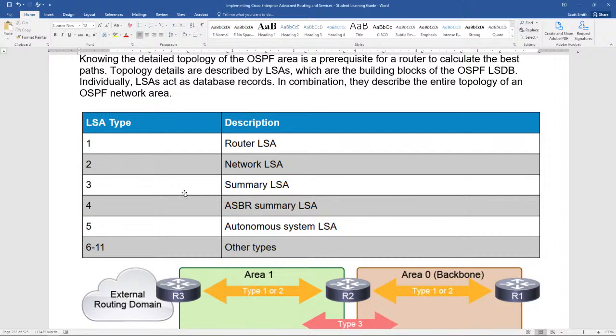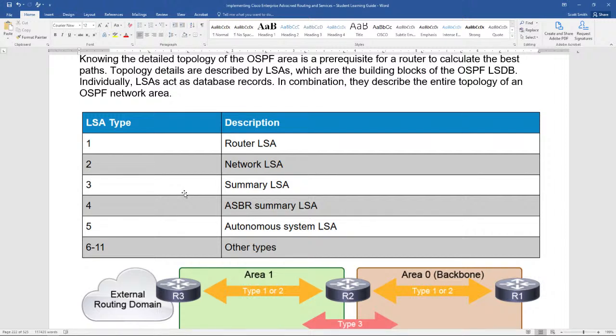So when it comes to exchanging link information with other routers in our topology, we typically do this with link state advertisements, right? Each type of link state advertisement has a particular purpose, a particular meaning within the OSPF topology.